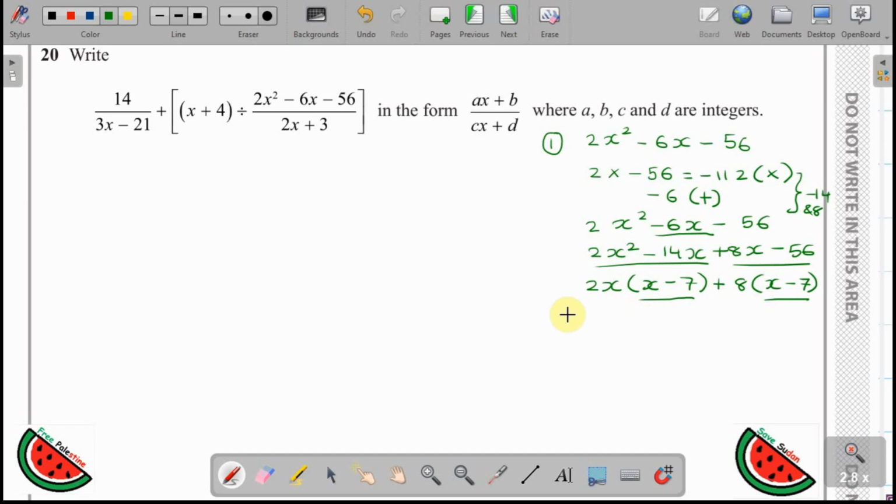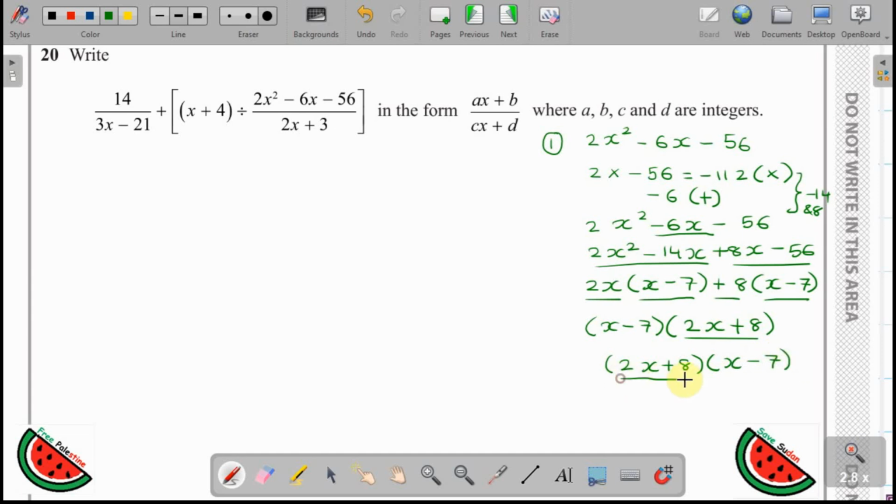I'm going to factorize this whole line here. The highest common factor is x minus 7. The second bracket will be made by 2x plus 8. Now if I look carefully, both 2x and 8 come in the 2 times table. So I'm going to rewrite this as 2x plus 8 times x minus 7.